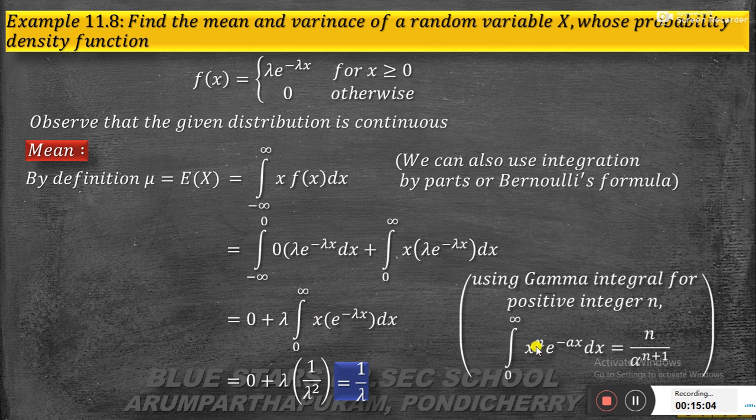Substituting, 1 factorial by lambda power 1 plus 1, so lambda square. Therefore 0 plus lambda into 1 by lambda square, the lambda cancelled, gives 1 by lambda. So 1 by lambda is the answer for the mean: mu equal to expectation of x equal to 1 by lambda.